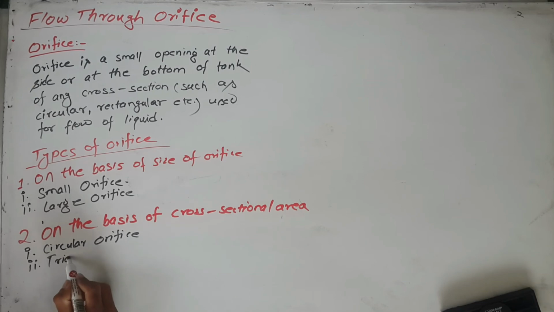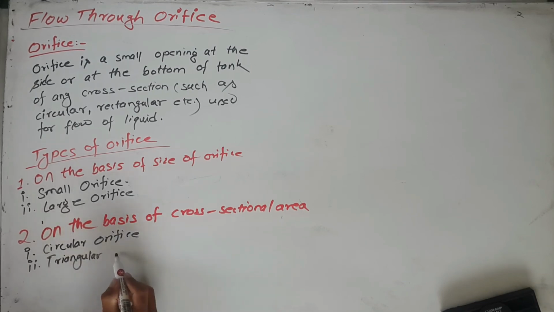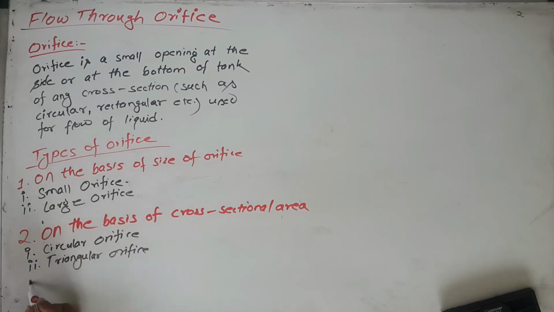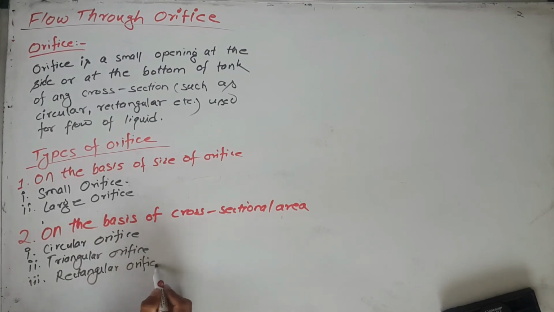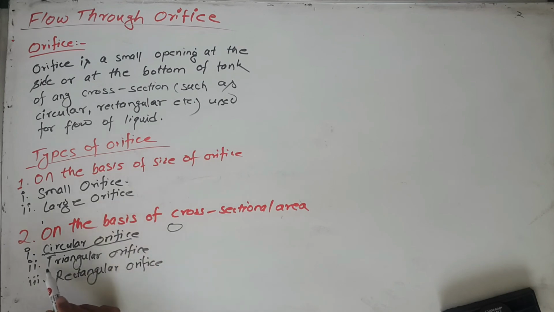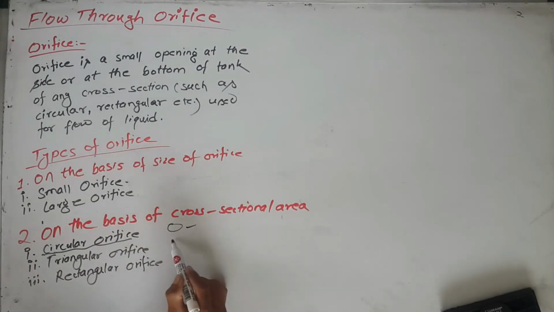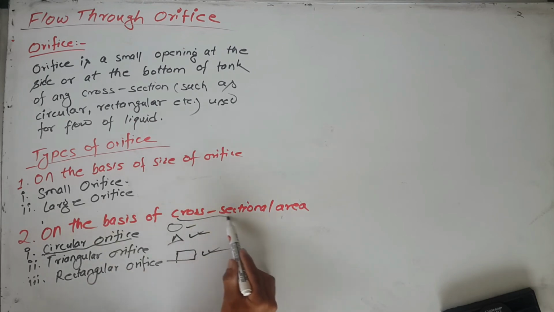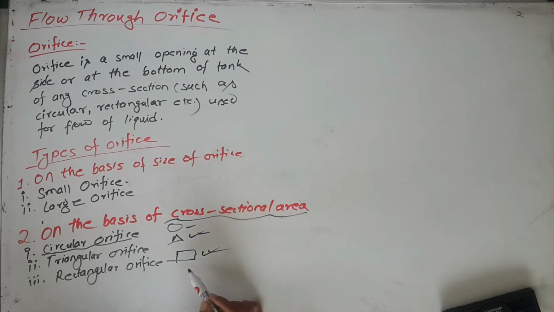Generally, circular orifice is used in practice in all the vessels that we see in our daily life. By the name, we know this is the circular type of orifice. Triangular orifice is of triangle shape. Rectangular orifice is of rectangle shape. This is on the basis of cross sectional area, on the basis of geometry.